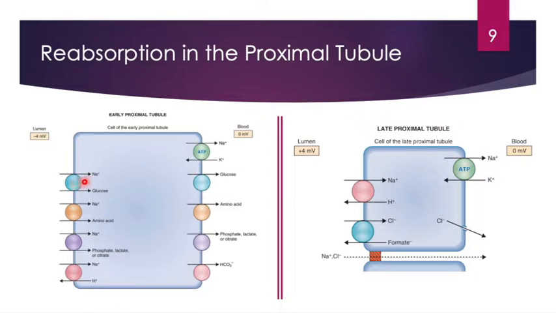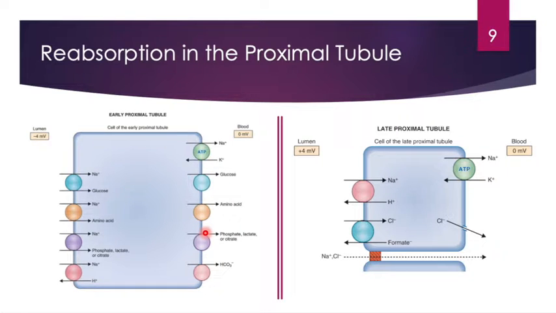There are also other co-transporters such as sodium amino acid co-transporter, sodium phosphate co-transporter, sodium lactate or sodium citrate co-transporter. And then sodium is extruded from the cell into the blood via sodium-potassium ATPase located at the basolateral membrane. Glucose and other solutes are extruded into the blood via facilitated diffusion.